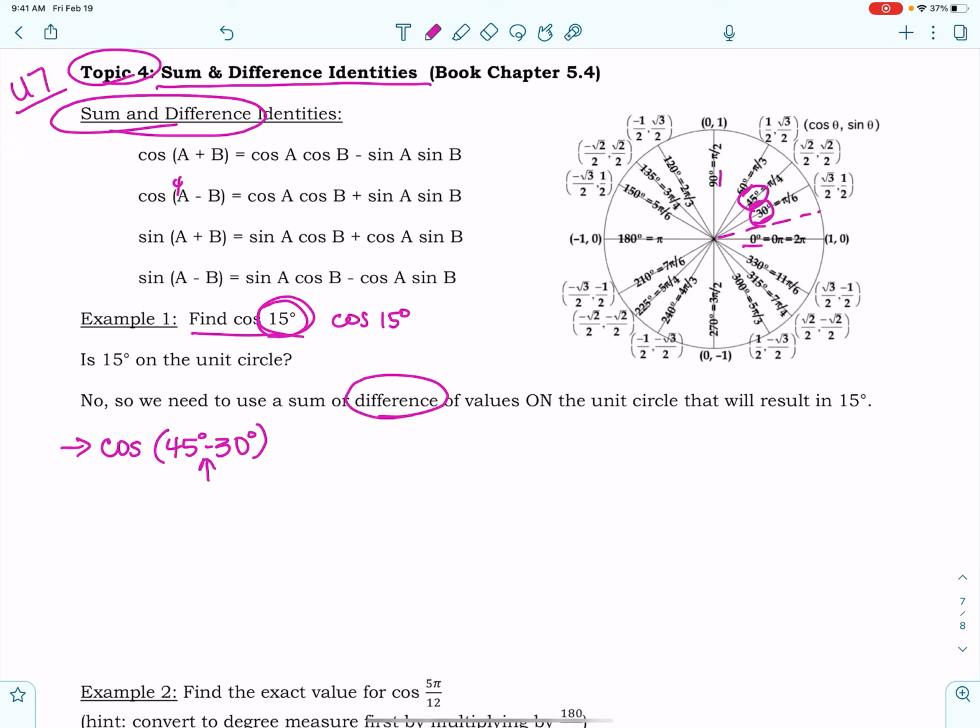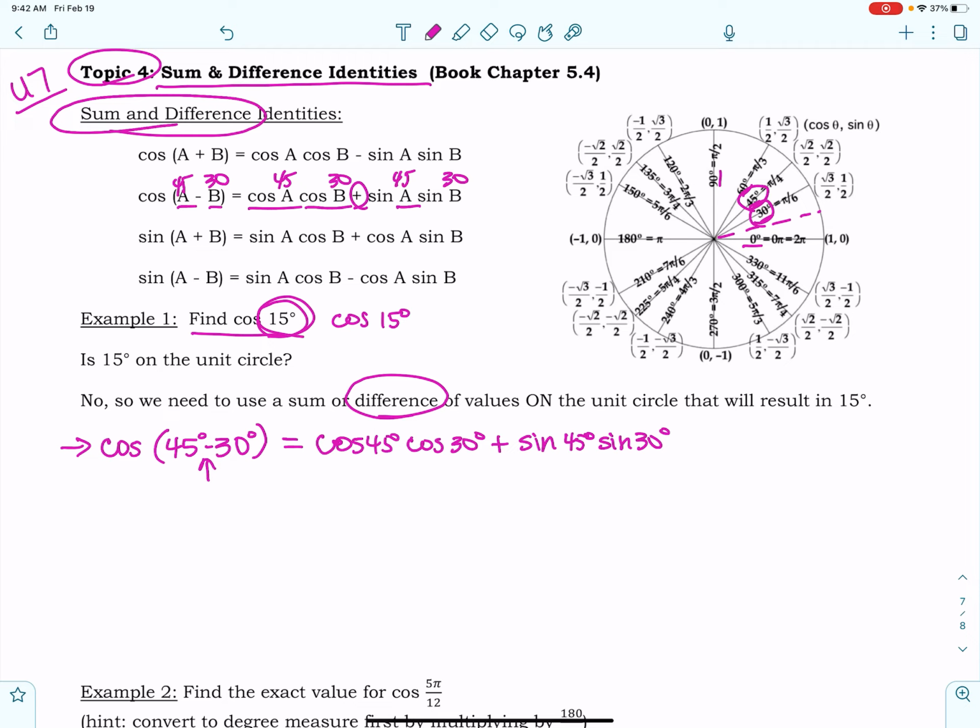I'm using 45 and 30 here, so that means that's going to be 45, that's 30, that's 45, that's 30, because A is 45 and B is 30. So I am going to set this equal to cosine A, so cosine 45 degrees times cosine of 30 degrees plus sine of 45 degrees sine of 30 degrees. See how that works? Easy peasy.